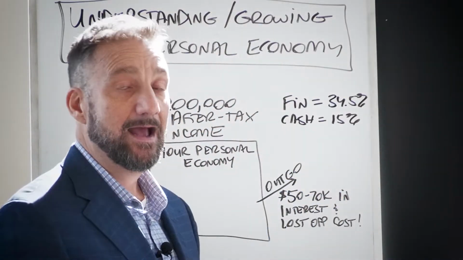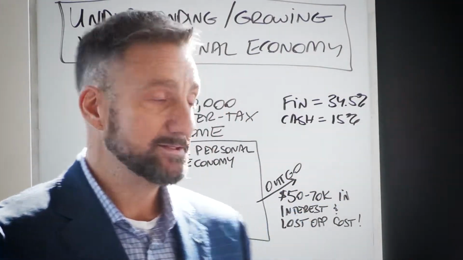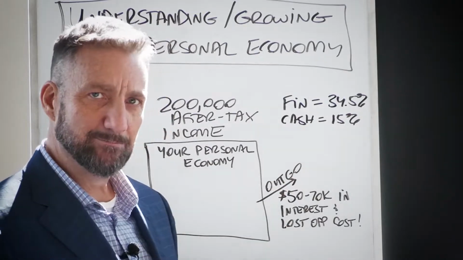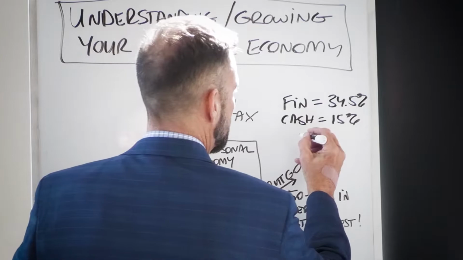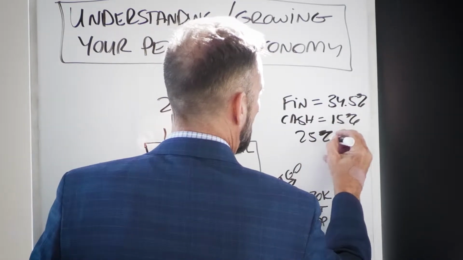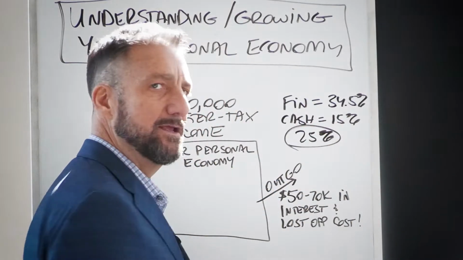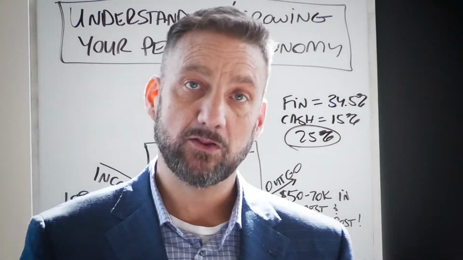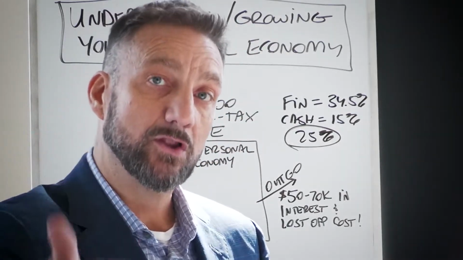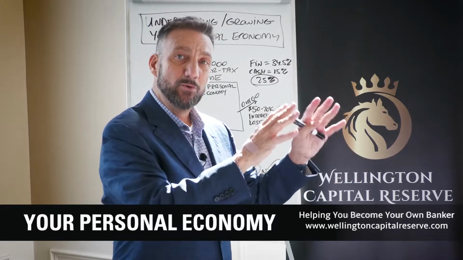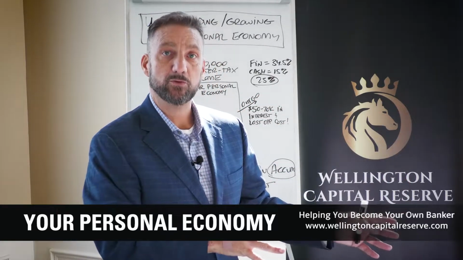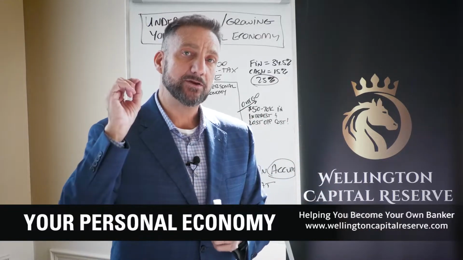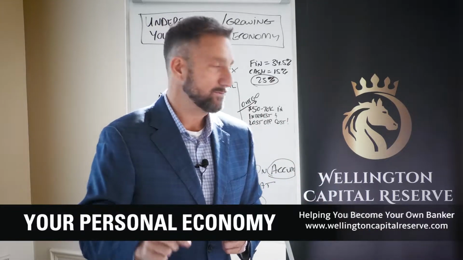It depends upon how much you're buying and how much your income is. But it could be about 15%. So if we average those two together, let's say 25%. So 25% of every dollar that you take home is being lost toward finance charges or lost opportunity cost if you don't privatize money, use a collateralized system where you're not spending your own money. That's the key. Find a way to not spend your own cash.